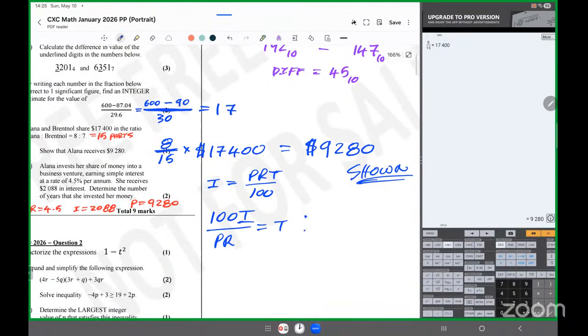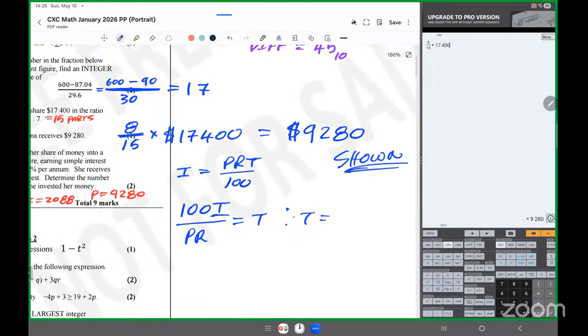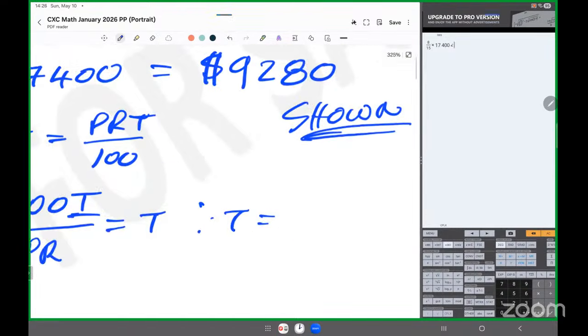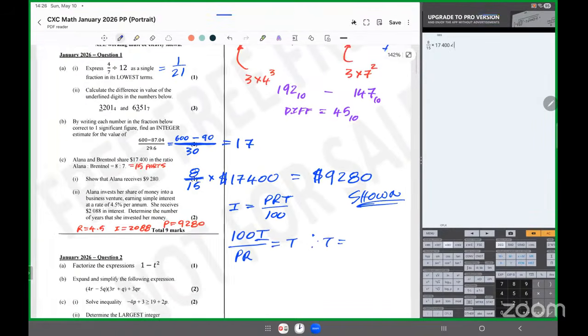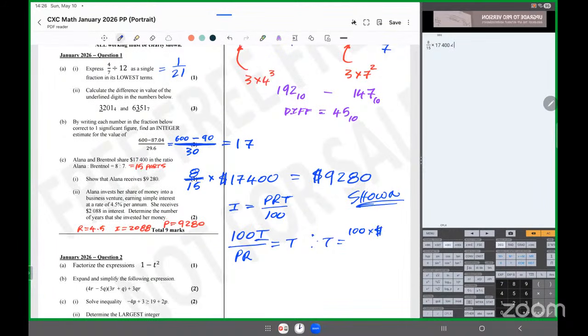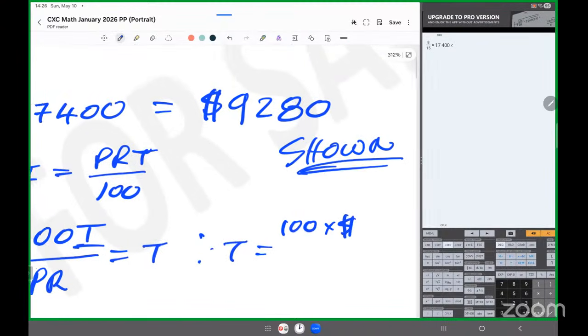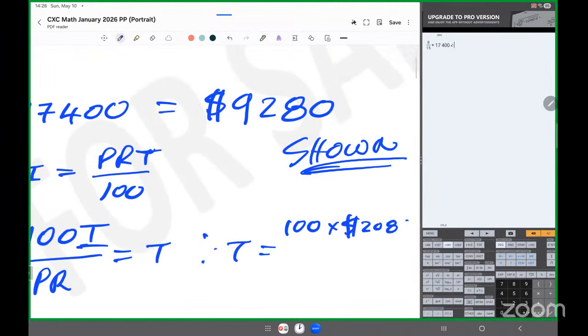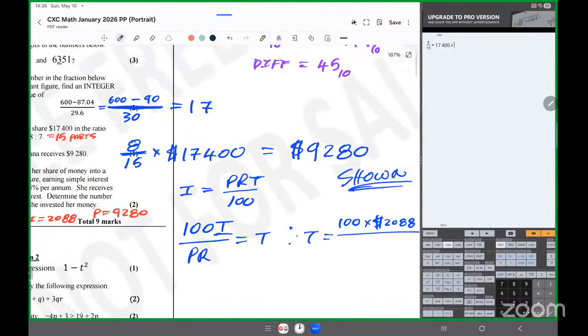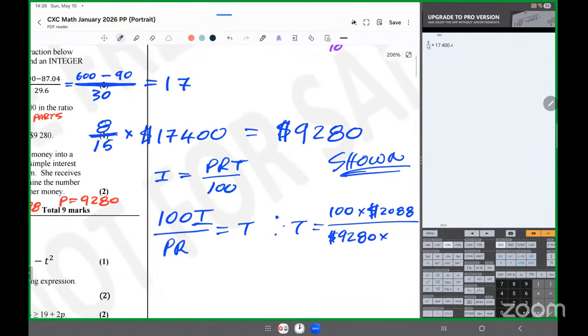So therefore, the t becomes equal to 100 times the interest, and interest is 2088, divided by the principal, which was 9280, times the rate, which is 4.5.